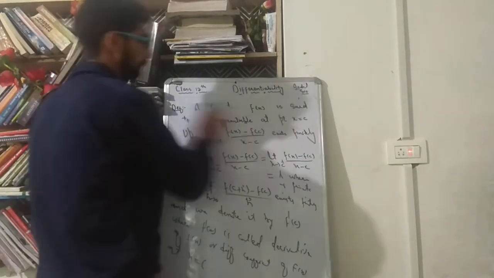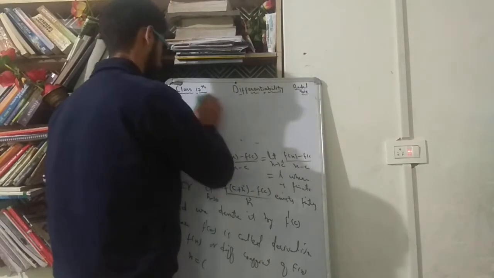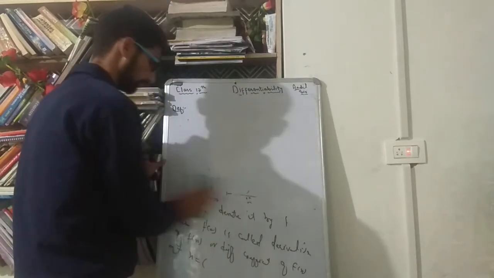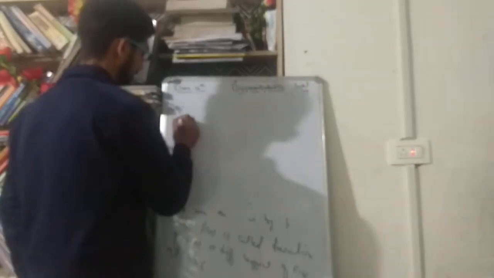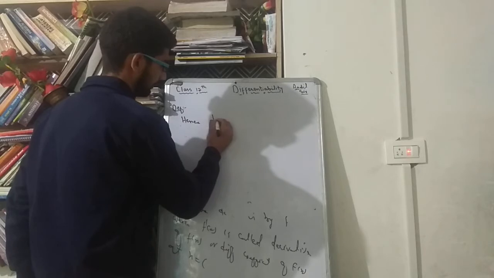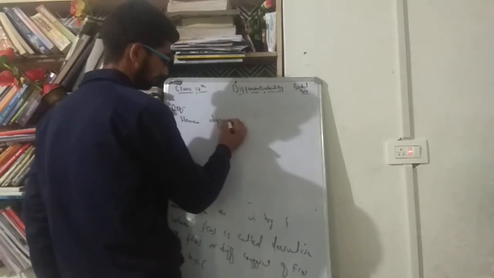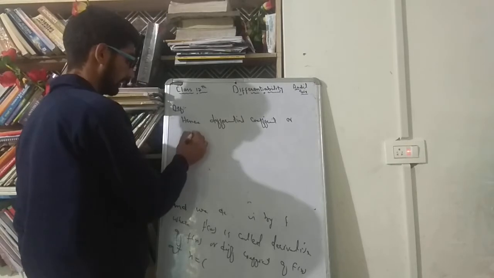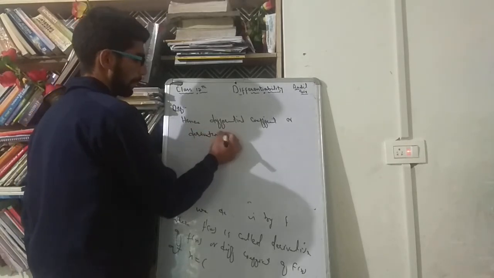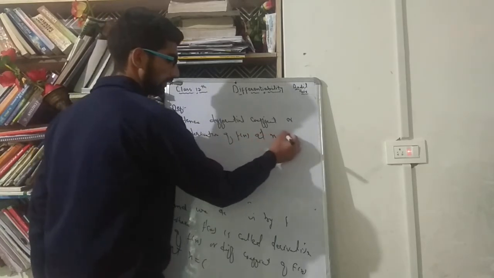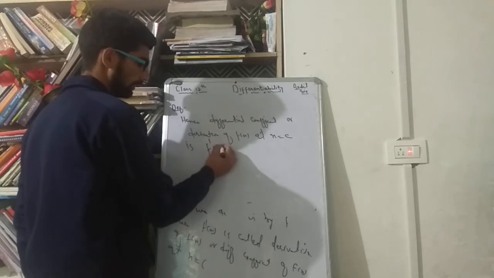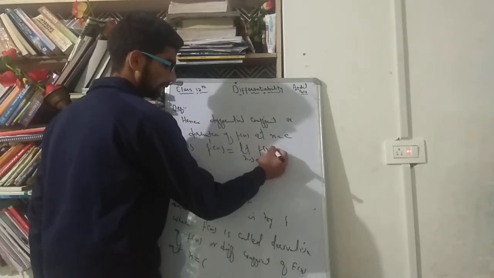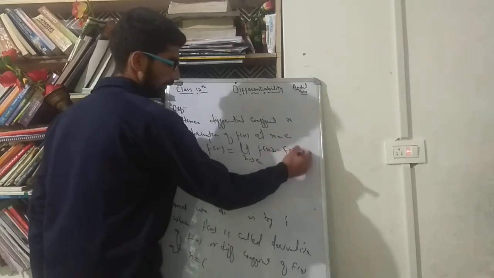So you write here: hence the differential quotient or derivative of f of x at x equals c is f dash of c equals limit x tends to c of f of x minus f of c divided by x minus c.